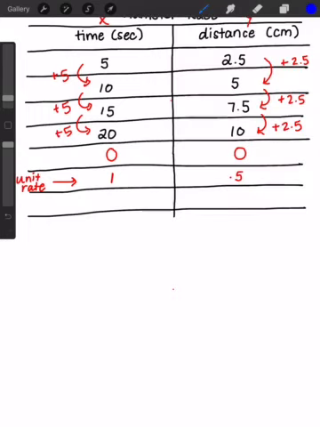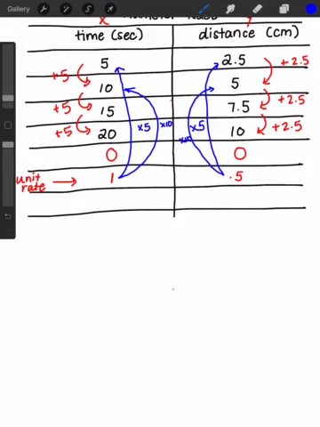Okay, so if I was going to go here and I said I want to go to 5, 1 times 5 is 5, which means 0.5 times 5 is 2.5. Okay, and then I can do the same thing here. 1 times 10 is 10, so I'm going to do this one times 10 as well, and I get 5.